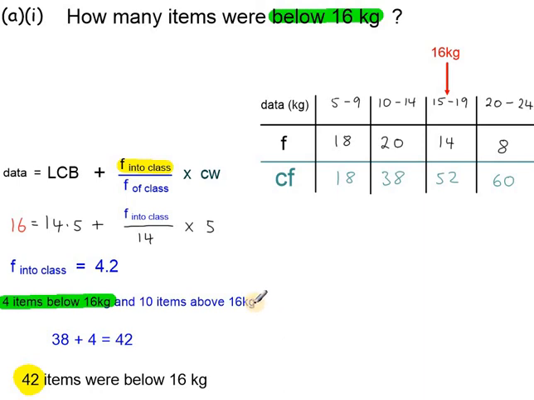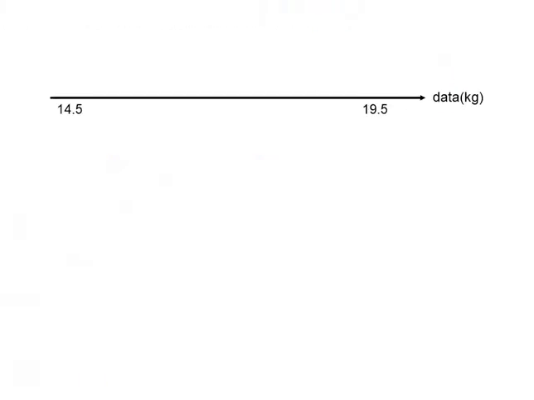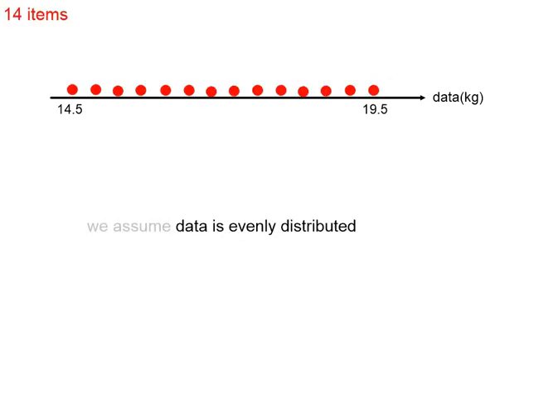So let's have a look at this in more detail. The lower boundary here was 14.5, the upper boundary 19.5, and there are 14 items in this class interval. So here's a scale, our data scale, lower boundary, upper boundary. I've placed 14 items evenly distributed between 14.5 and 19.5 kilograms.